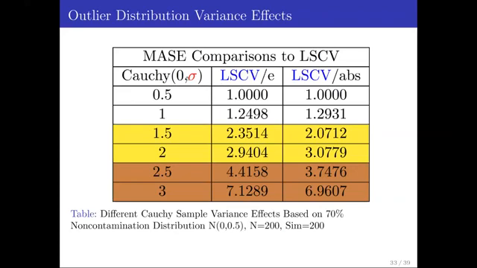When the sigma of the Cauchy equals 0.5, which is the same as the normal distribution standard deviation, then the performance of the LSCV and the robust function are exactly the same. However, when the sigma increases from 0.5 to 3, we see that the robust function improves the performance of your LSCV almost 7 times.